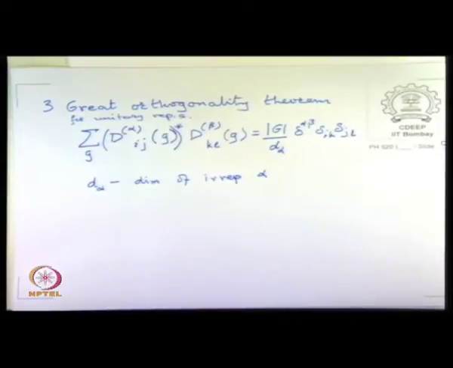This is going to be a very, very powerful theorem, because it says that the matrices in any irrep have to be constrained in this particular way. In some sense it is like imposing conditions on all the rows and columns of all the representations, but there is a summation over all g.